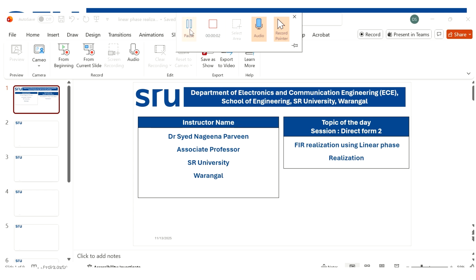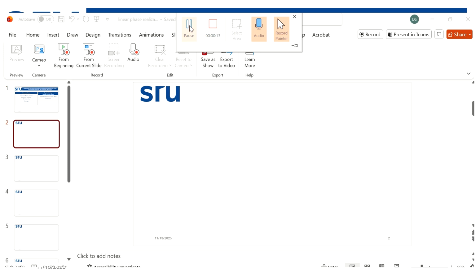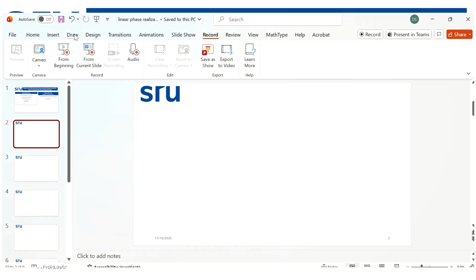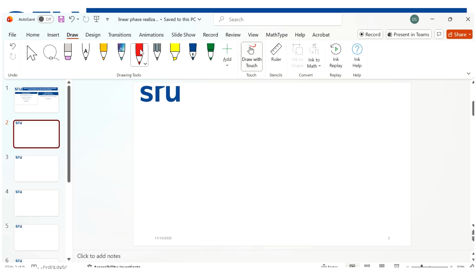Today's topic is based on the FIR filter realization using the linear phase realization. For a linear phase FIR filter, the condition for linear phase is h of n is equal to h of N minus 1 minus n.